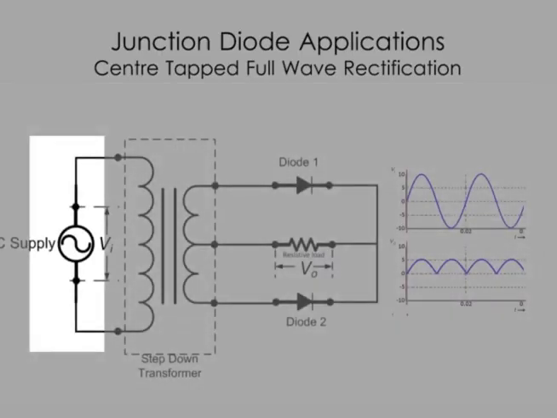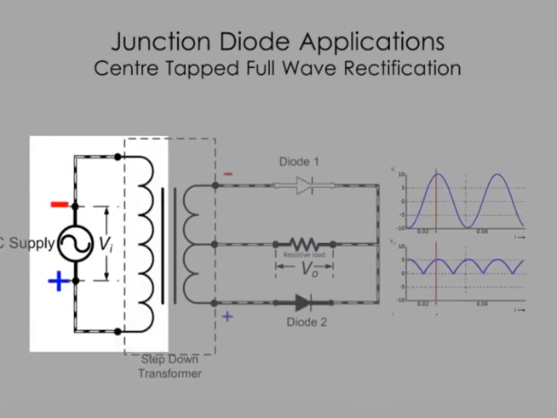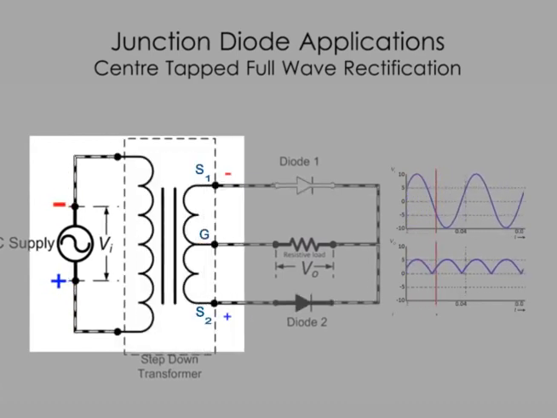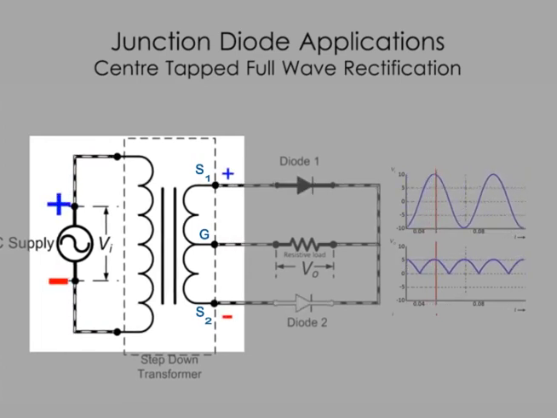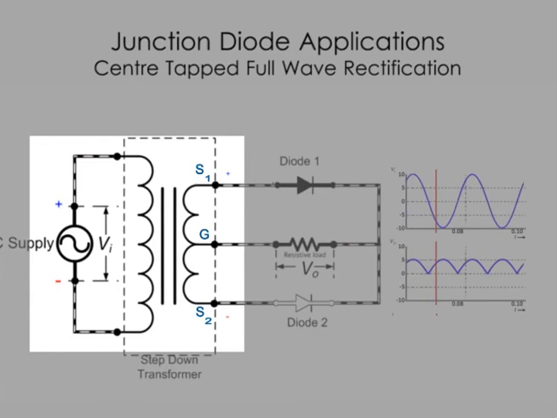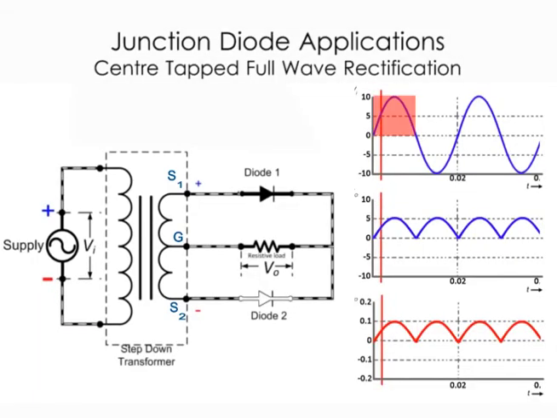When we apply an AC input to the primary side of the transformer, this input makes the secondary ends S1 and S2 become positive and negative alternately. For the positive half of the signal, the secondary terminal S1 is positive. Ground point will have 0 volts and S2 will be negative.